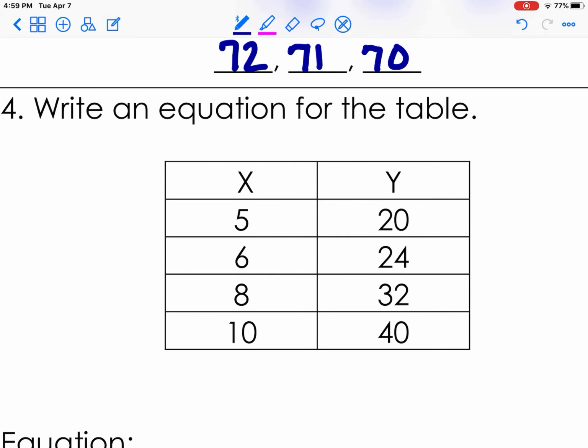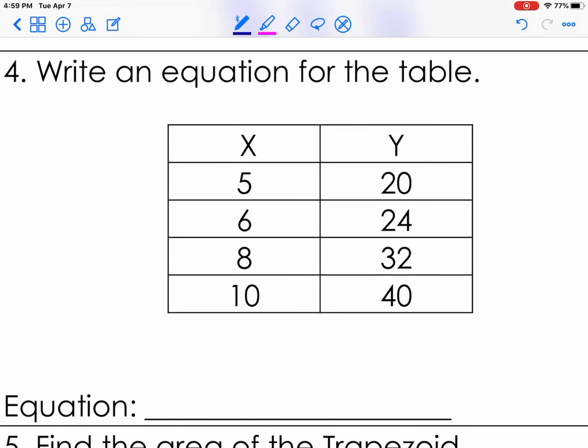All right, number 4, write an equation for the table. Whatever is happening to x to create y will be your equation. Always start your equation with y equals. And I look at this, from 5 as my x, I'm going to 20 as my y. From 6 as my x, I'm going to 24 as my y.